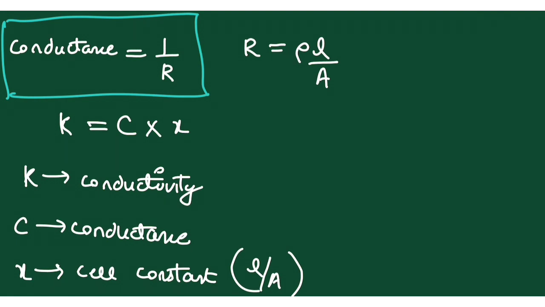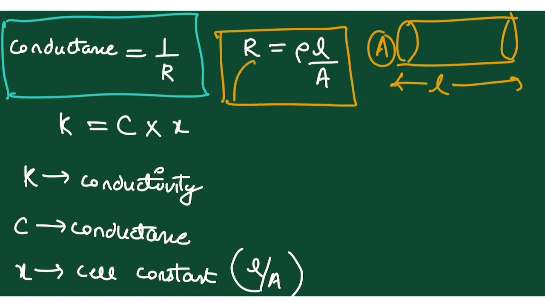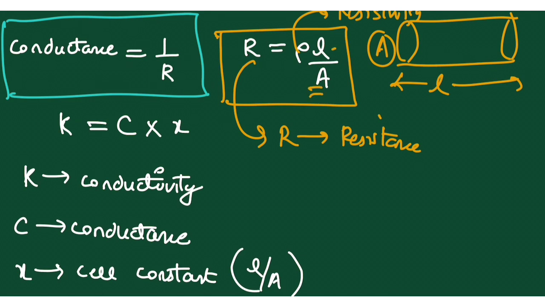Now, if there is a metal wire of length L and cross sectional area A, we know that R is equal to rho L by A, where R is the resistance, rho is the resistivity, L is the length and A is the area.